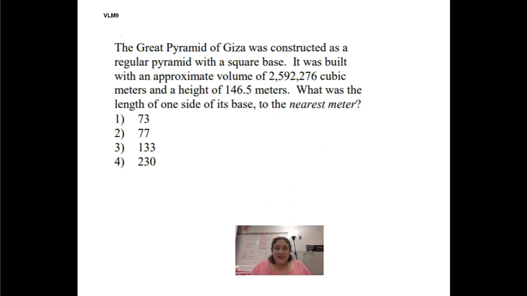The Great Pyramid of Giza, anyone know, was constructed as a regular pyramid with a square base. So that helps us out right there. We know it's a square on the bottom. It was built with an approximate volume of this huge number. Right away, I'm going to look on my formula sheet for the volume of a pyramid, which is 1/3 base times height.